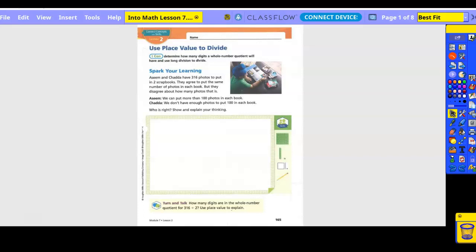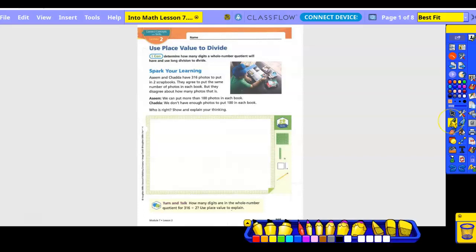So first of all, we need to pull out our numbers, right? You have 316 in 2 scrapbooks. So first of all, I'm going to have to represent the 316. How many flats, or hundreds, do I need? 3. So 3 flats or 3 hundreds. How many longs or tens do I need? 1.